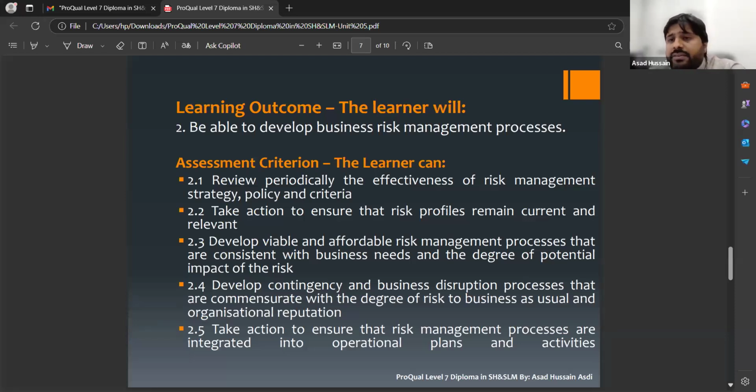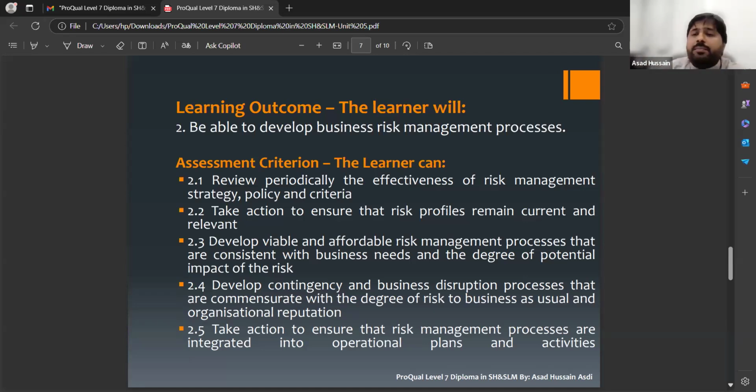The evidence which can be accepted here, when it comes to assessment for assessors and provision of evidence for candidates, is that they have to produce evidence like reviews, review committee meetings, review meetings on this one.